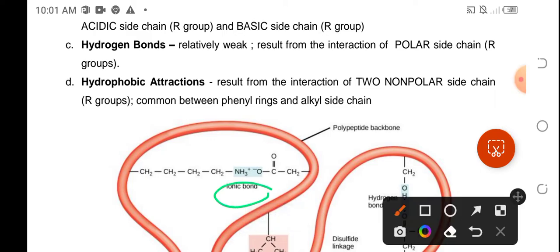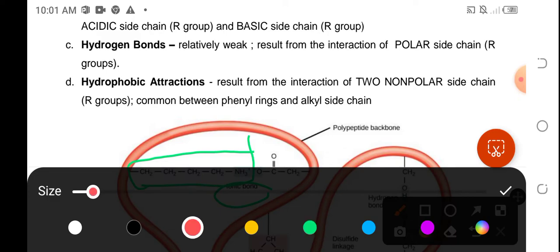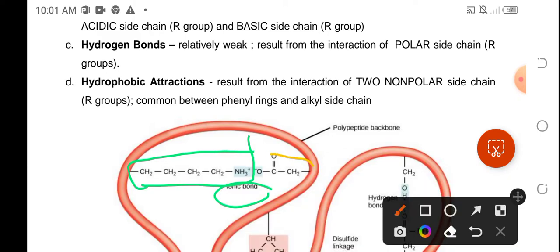Okay? So, this part so ito yung side chain ng ating, I think this is lysine. Okay? Lysine is a basic amino acid. And then, we have here on the opposite of that, yung nagka-interaction na niya, we have here the glutamic acid. So this is base and this is acid.